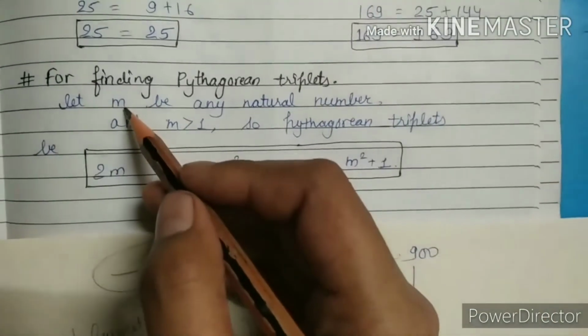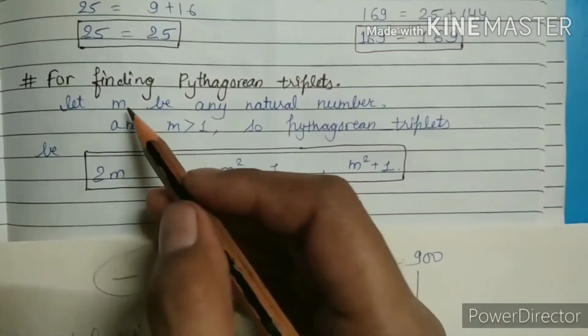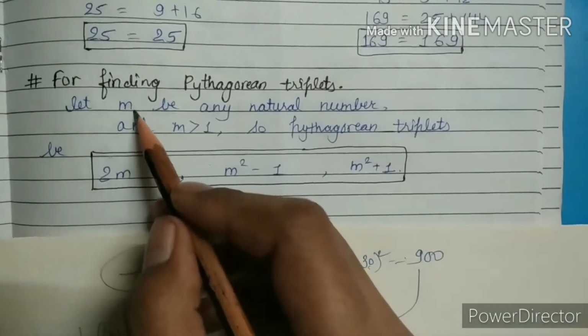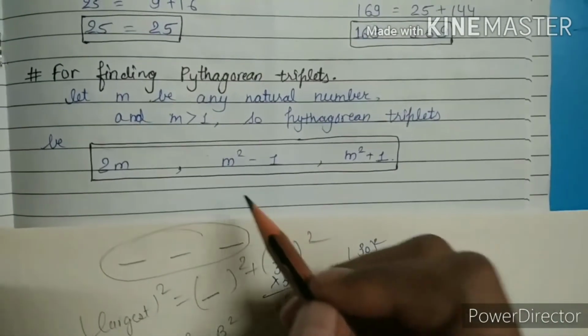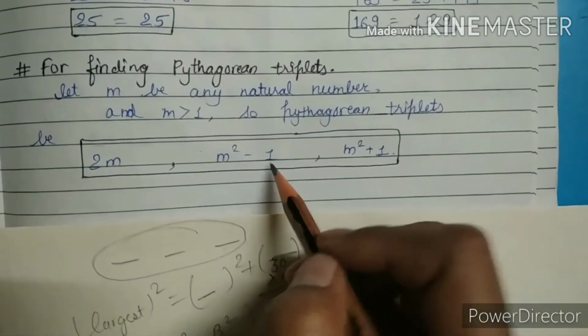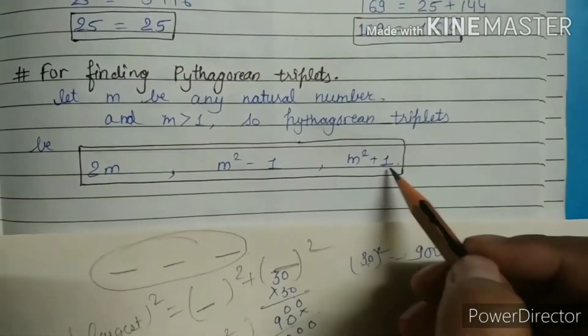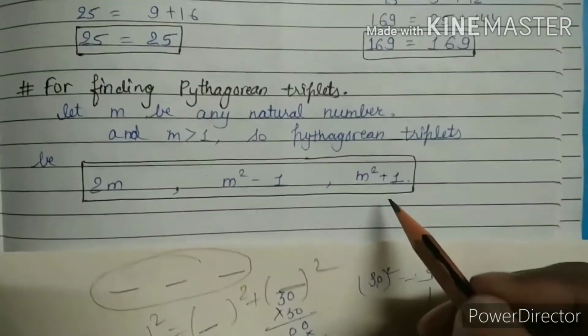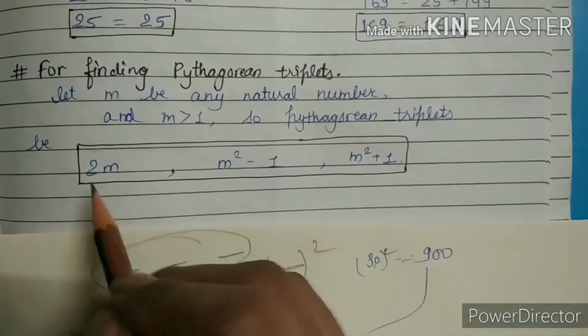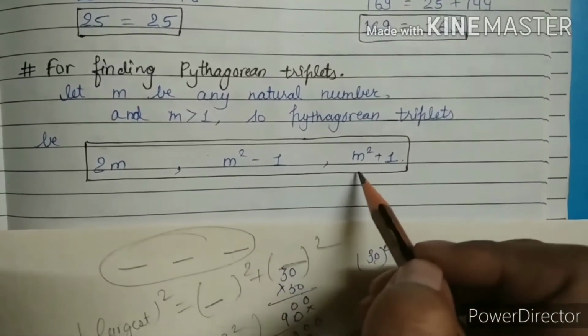It means whatever number we have taken, the first number will be 2 into m. The next will be m square minus 1 and the last is m square plus 1. Let's do question number 2 with these: 2m, m square minus 1, m square plus 1.